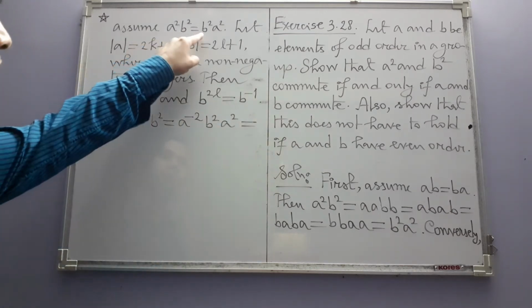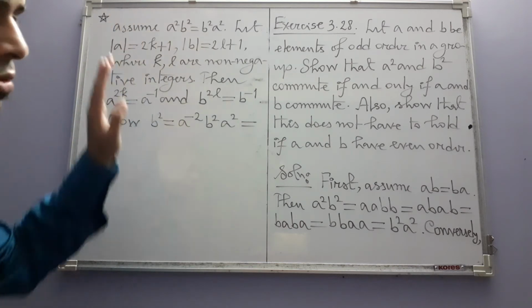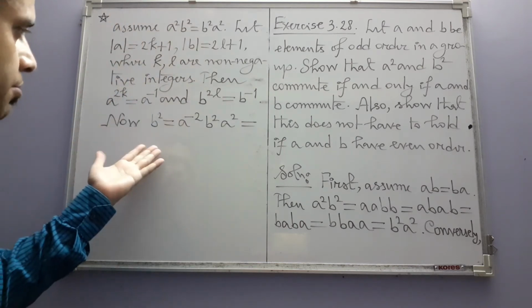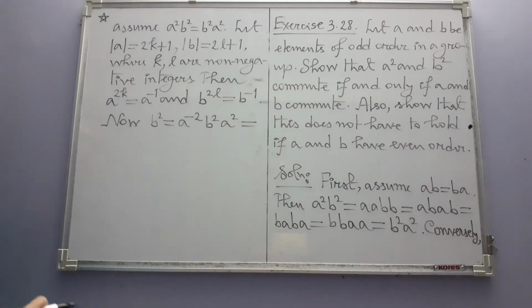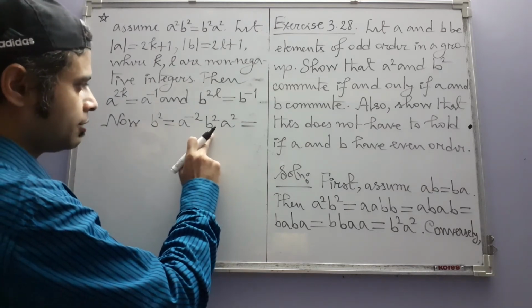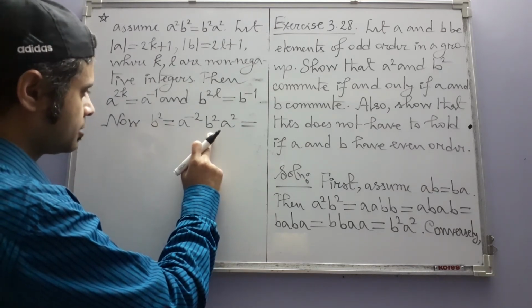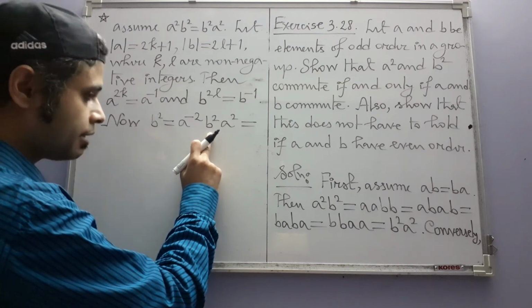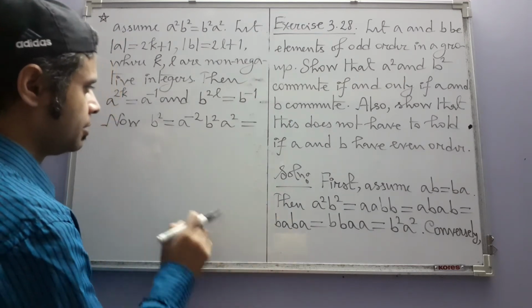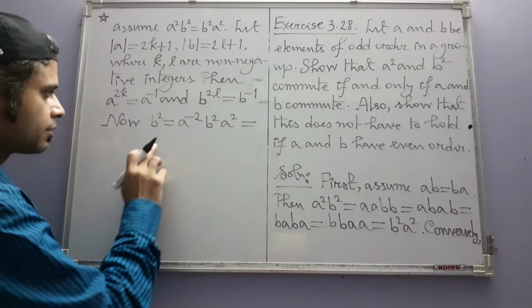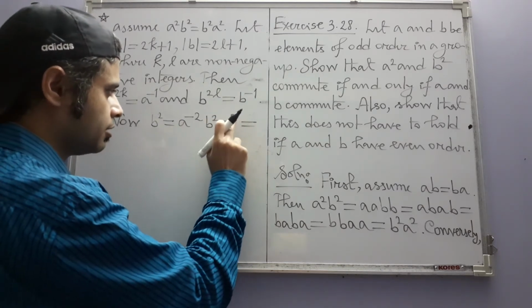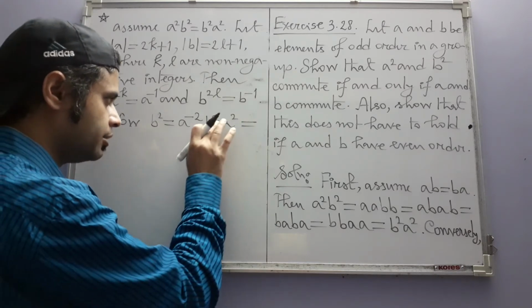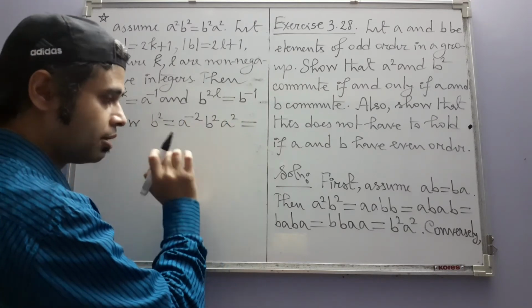You pre-multiply on both sides by A to the power minus 2, use the rules of exponents and everything, you will get this. Now, the peculiarity of this equation is that it can be used in itself. That is, you look carefully, B square is A to the power minus 2 B square A square. Now I can put that value here inside this middle B square.